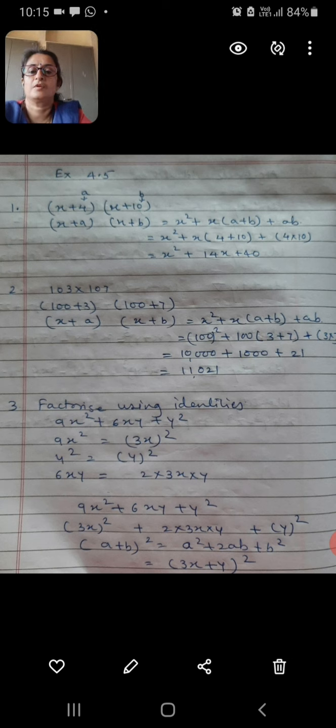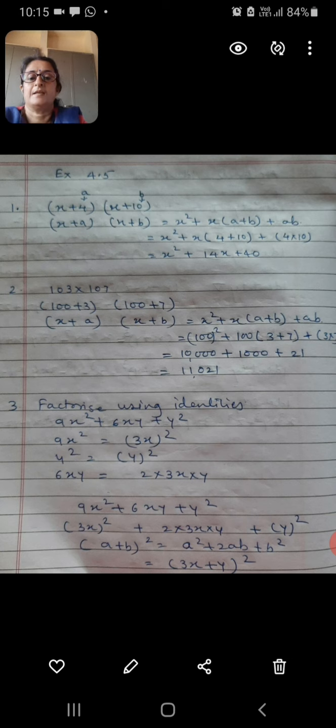Here we are going to consider 3 as a and 7 as b. Replace the numbers, that gives you 100 square plus 100 in the bracket 3 plus 7 and 3 into 7. When you solve it, you will get 11,021 as the multiplication of 103 into 107.